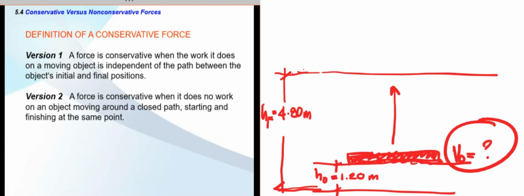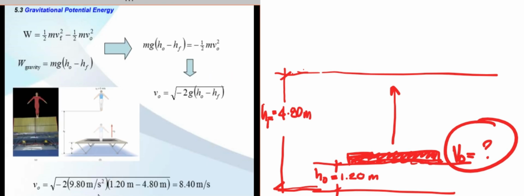So work is kinetic energy final minus kinetic energy initial. But work done by gravity is equal to mg times its displacement, h sub o minus h sub f.